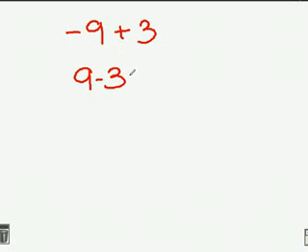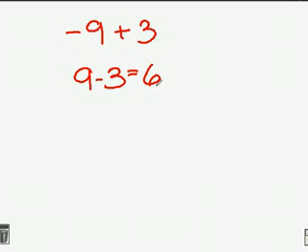I'm going to do one of my own because I want my own problem here. Let's say I have negative 9 plus 3, okay? So these are opposite signs, right? So I have to subtract 9 minus 3, which equals 6.